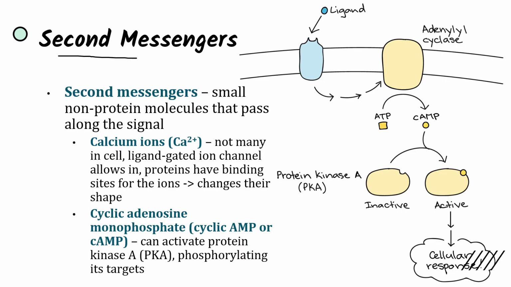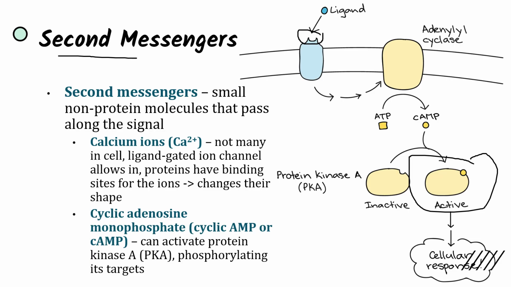So over here we have the ligand that's going to bind to the receptor. And this is a pathway that uses cyclic AMP, and the signal is going to be transferred to the adenylyl cyclase, and ATP is going to be used to activate cAMP or cyclic AMP, and that's going to place itself in the protein kinase A, turning it into an active protein kinase, resulting in a cellular response.